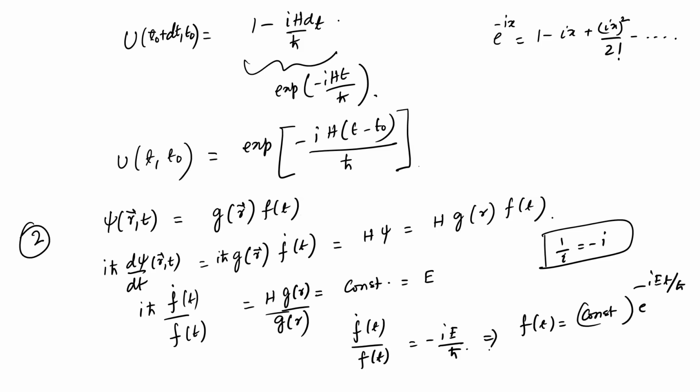If you are really looking for an operator, then this E is just the eigenvalue of some operator which we know as H. So, the operator that comes out, which is U of t, is nothing but exponential of minus i H t by h cross. Okay. So, this is how the wave function evolves with time.